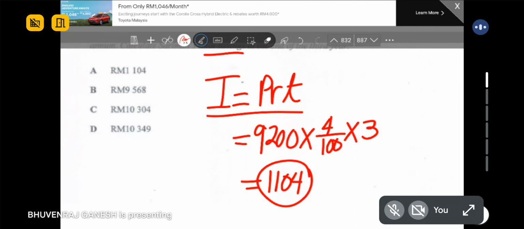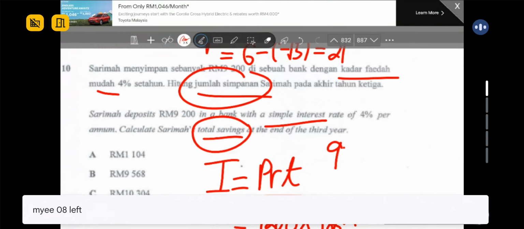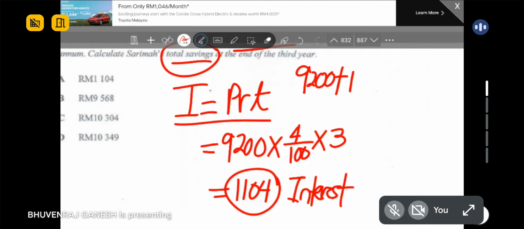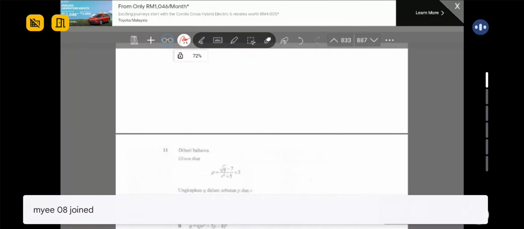Okay, but this one is the interest guys. Remember, yang ni adalah faedah. Tapi soalan tanya jumlah simpanan. Total saving. So total you have to take 9200 plus interest. Plus 1104. So your answer is 10304. Dapat guys? Jangan keliru dan letak A. If you guys put A is wrong. A is just interest only. Faedah saja. But question asks total. Jumlah. Okay? Alright. Next one.